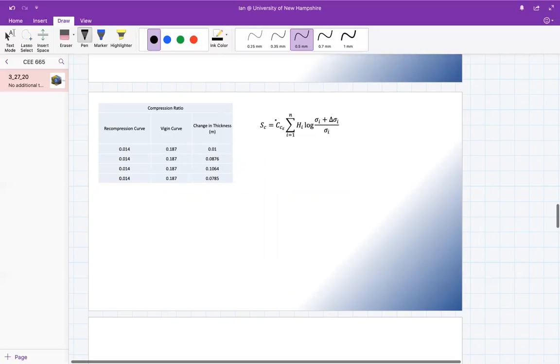So we have this, and we're going to start at, I'm going to draw it up here, at 2 meters.